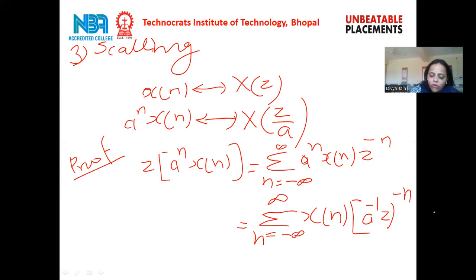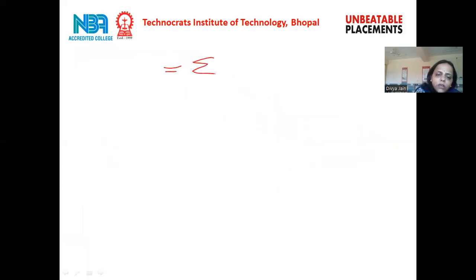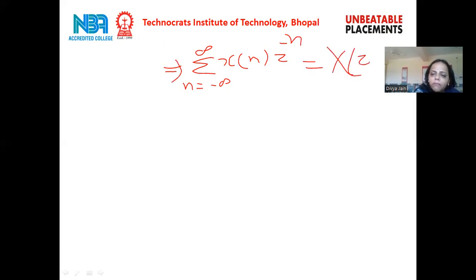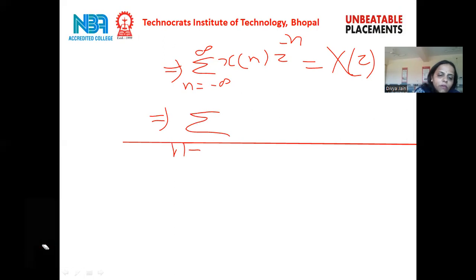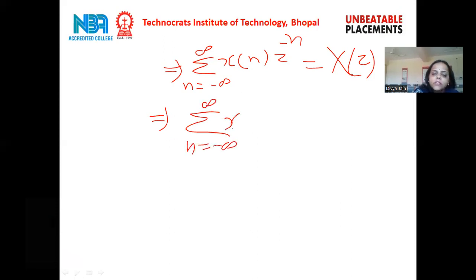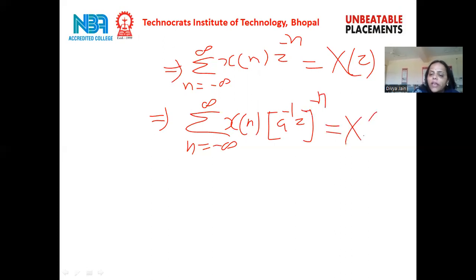If the summation n equals minus infinity to infinity of x[n] z to the power minus n can be written as X(z), then the summation n equals minus infinity to infinity of x[n] (a inverse z) raised to the power minus n can be written as X(z by a).